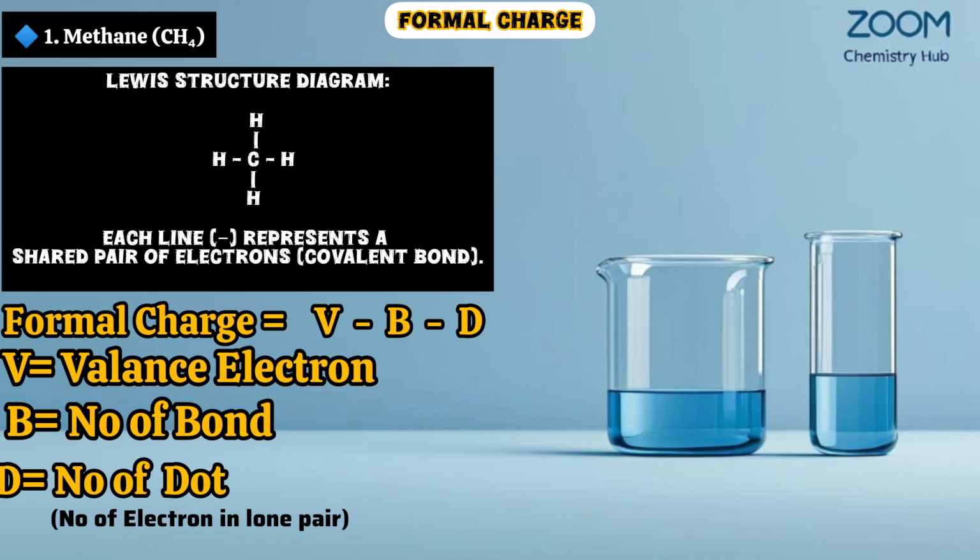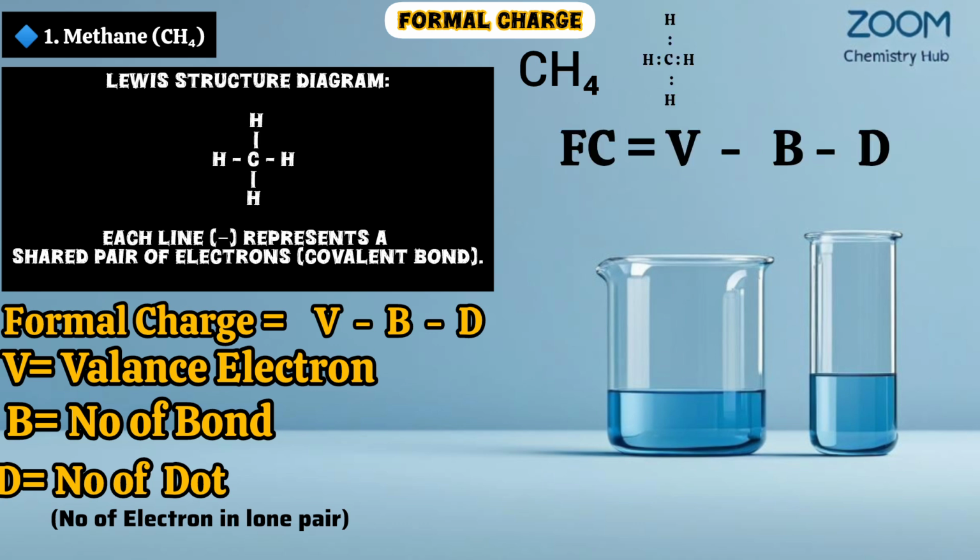So first we will calculate the formal charge of carbon in the methane molecule. We know that the number of valence electrons of carbon is 4. We will write the number of valence electrons of carbon is 4, and in the methane molecule the carbon atom forms 4 bonds.